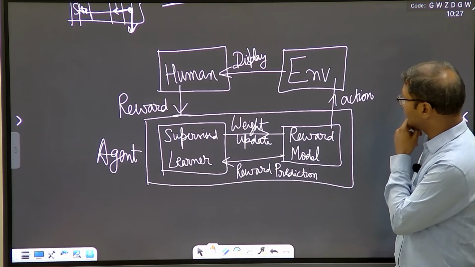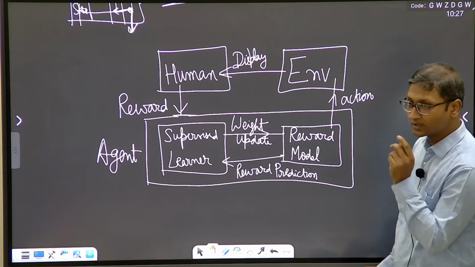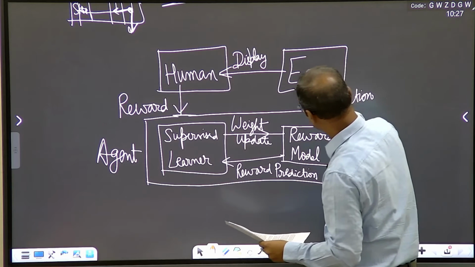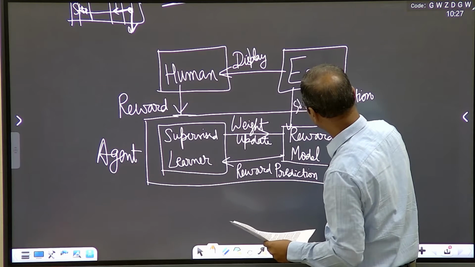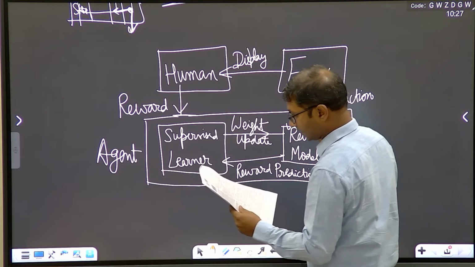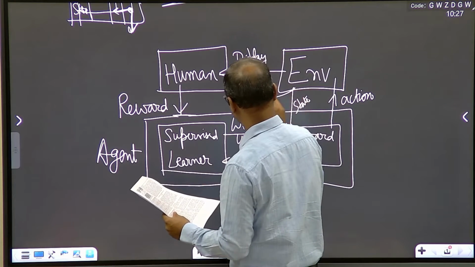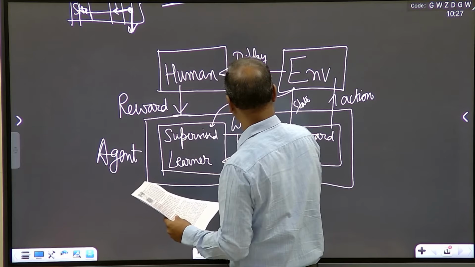What is still missing? State. So, state and state.